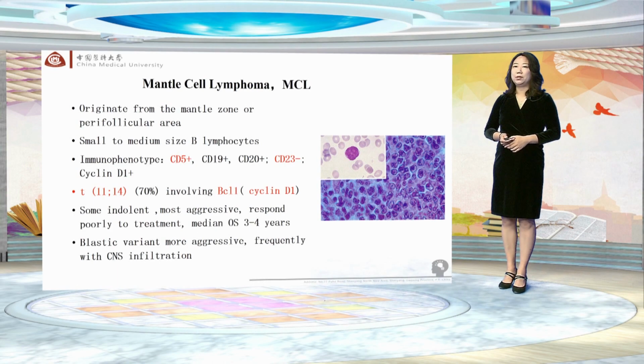A blastic variant has an even poorer prognosis and is frequently associated with central nervous system infiltration and neurologic symptoms. When immunophenotypic analysis is unable to distinguish CLL from mantle cell lymphoma, cyclin D1 and translocation 11;14 analysis are required.